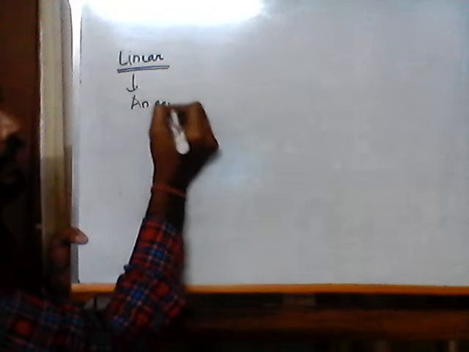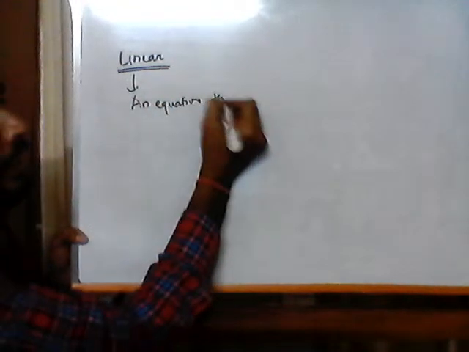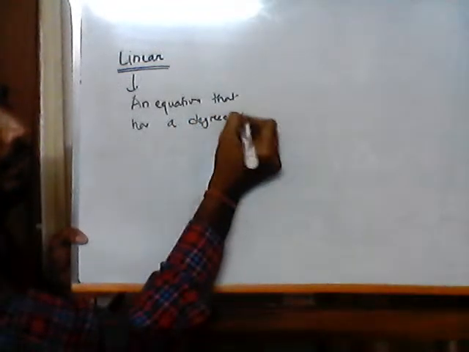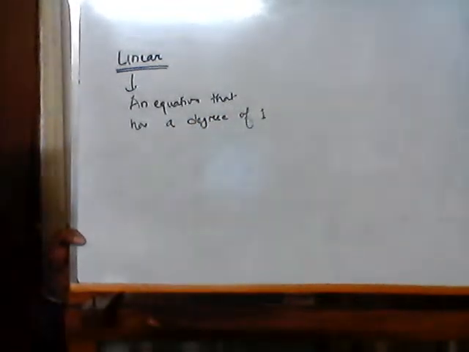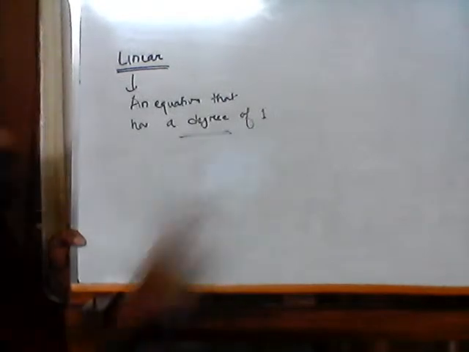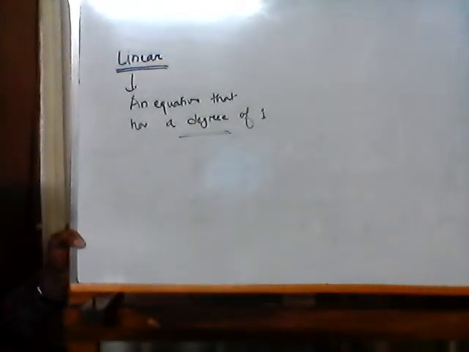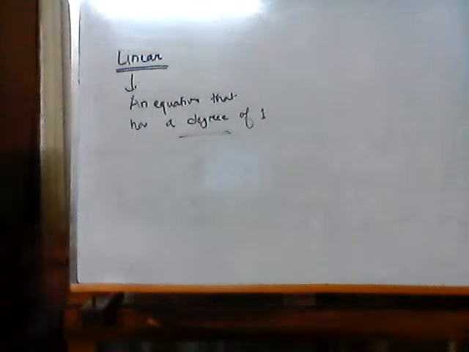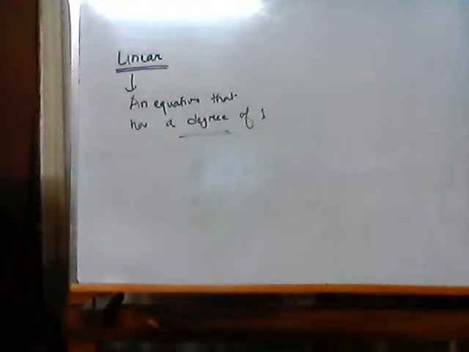An equation that has a degree of 1. Now there may be a question in your mind, what is degree? To know what degree is you should know the terms of the equation. And again there may be a question, what are the terms of the equation? Let me explain terms and then degree, then I will come back to what a linear equation is.